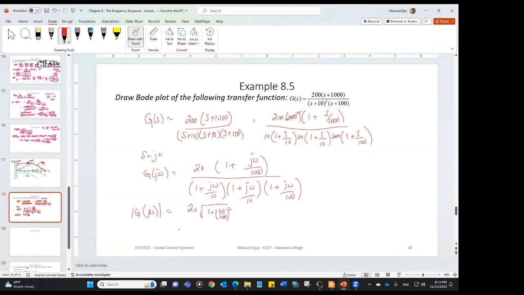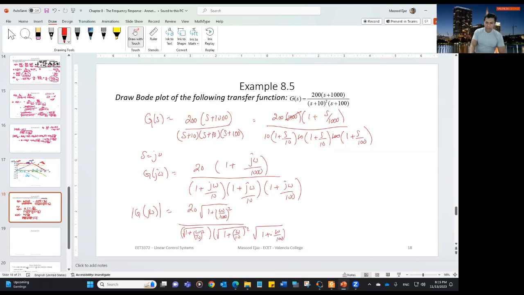Plus, yeah, the second square. So that's the magnitude.